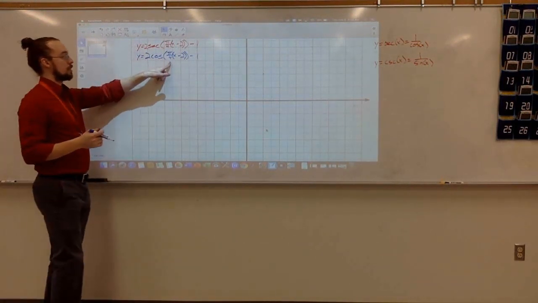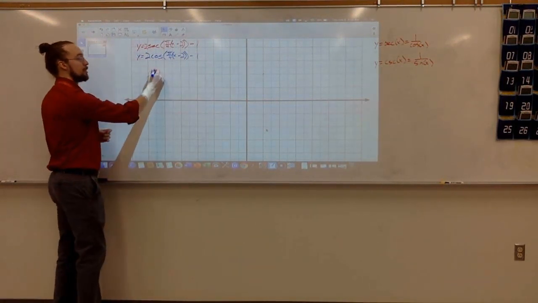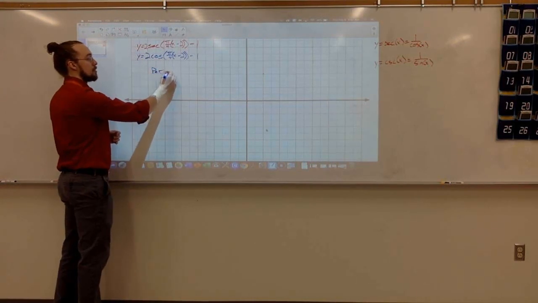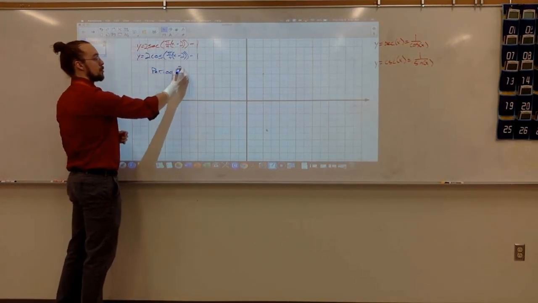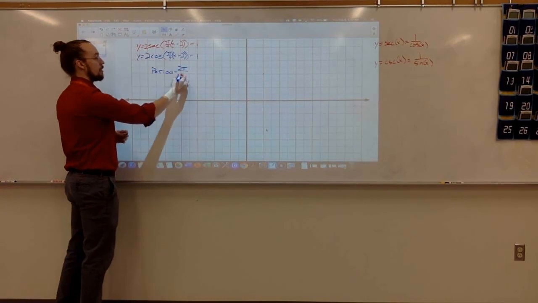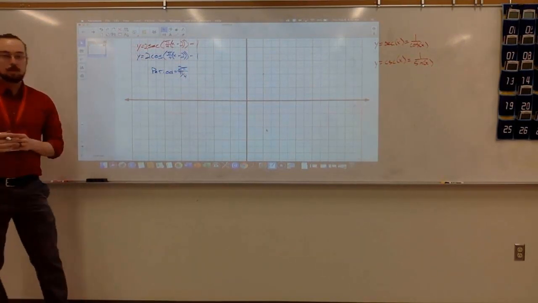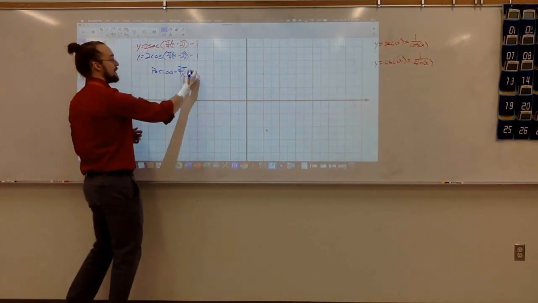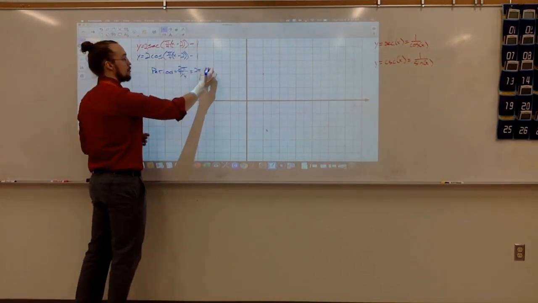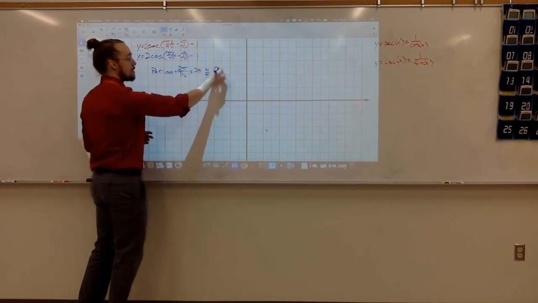Start at the b value, so look at my period change. My period is 2 pi over the b value, so 2 pi over pi over 4. That would be 2 pi times 4 over pi, which would just be 8.